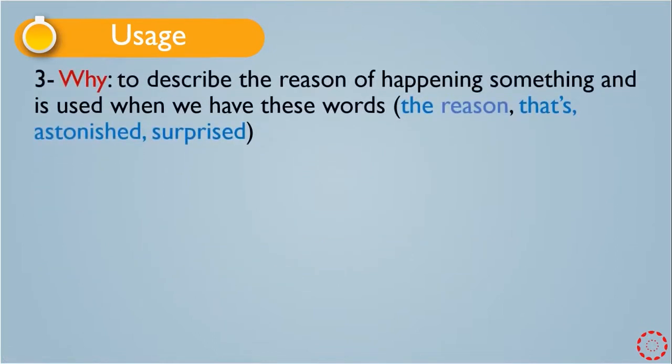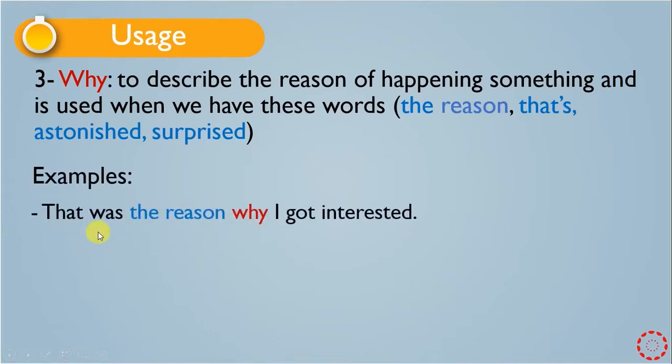The third one is why. We use why to describe the reason for something happening, and it is used when we have these words, for example, the reason, that is, astonished, surprised. Look at these examples.